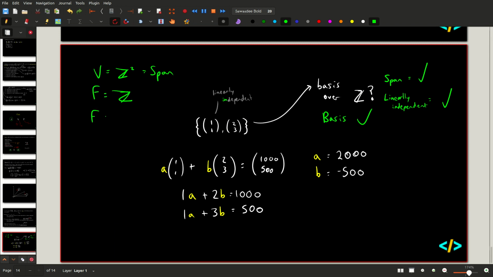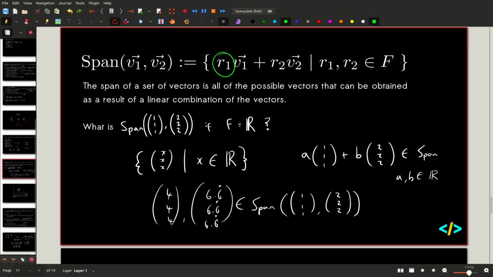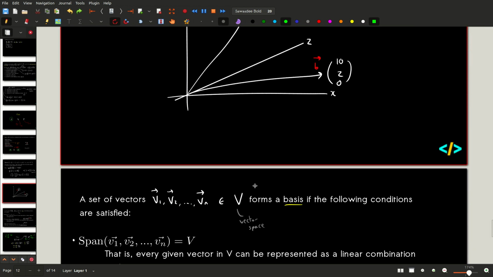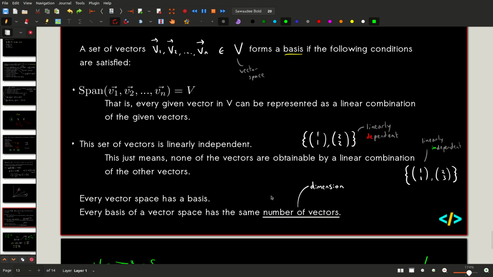If we had a vector space of integers over the field of reals, then they could be real numbers. But since the field's defined as integers here, all of the scalars that we're multiplying by the vectors have to be in that field. Okay, so that's the span.